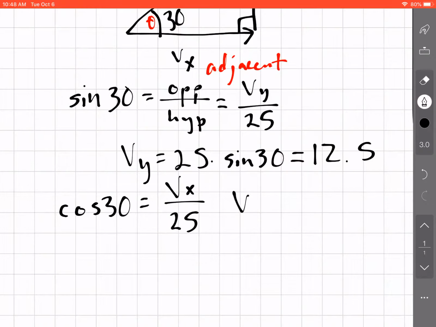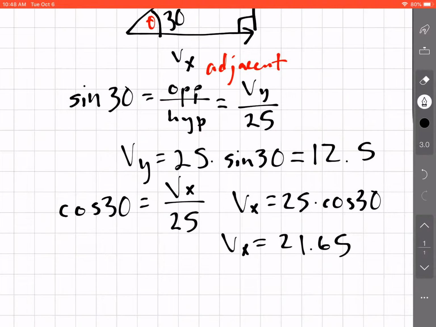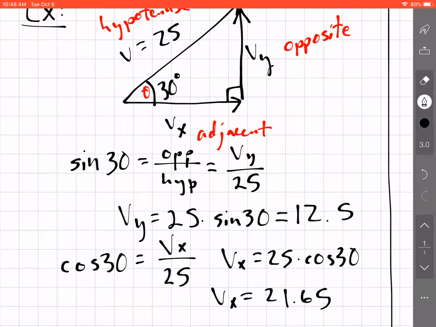So Vx would equal 25 times cosine of 30, which is about 21.65. So basically, this triangle would look like this. We have measurements of 21.65 on the x and 12.5 on the y. So those are my x and y components.